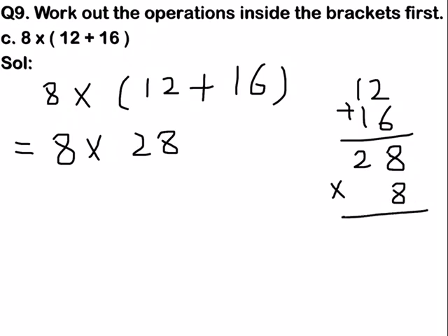8 1s are 8. 8 2s are 16. 8 3s are 24. 8 4s are 32. 8 5s are 40. 8 6s are 48. 8 7s are 56. 8 8s are 64. 6 carry. 8 2s are 16.